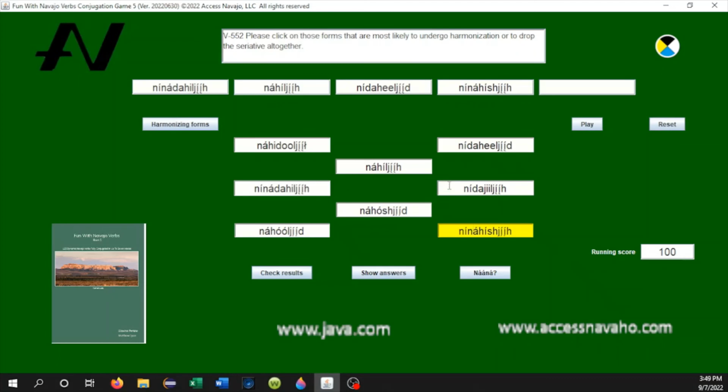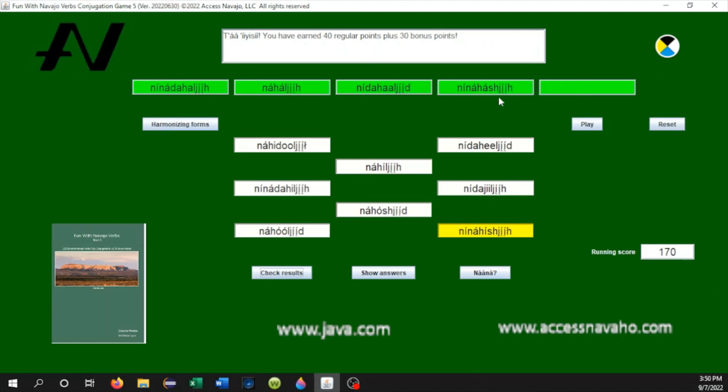This one is good. And then this one, so it looks like we got all four. Let's see if we're right. Boom, there it is. Now notice again that the forms on the top, when we clicked on them down below and they were moved up top, were still unharmonized, but once we click on check results, the harmonized forms are shown to you. So there you have it.